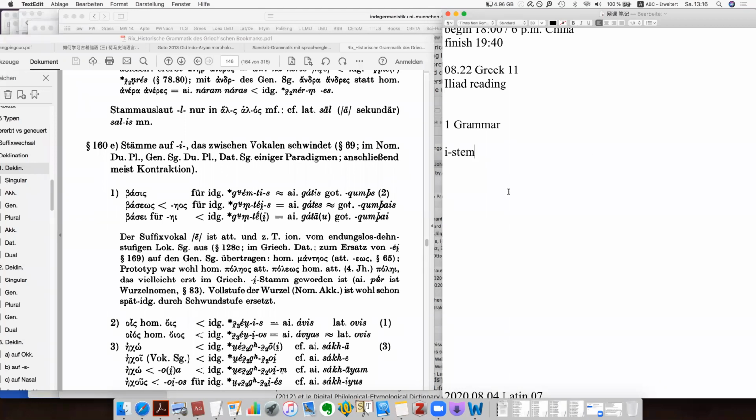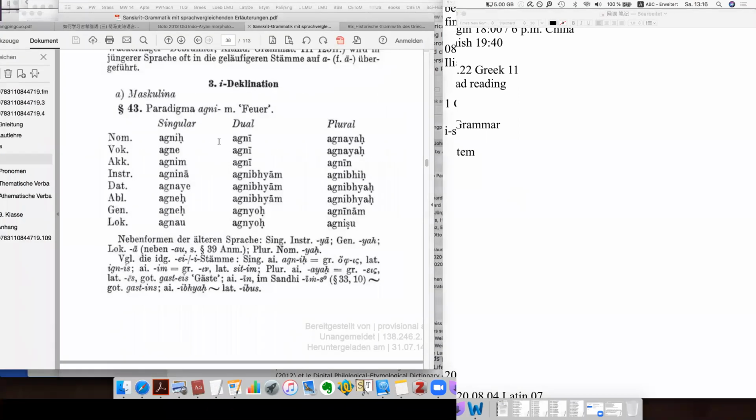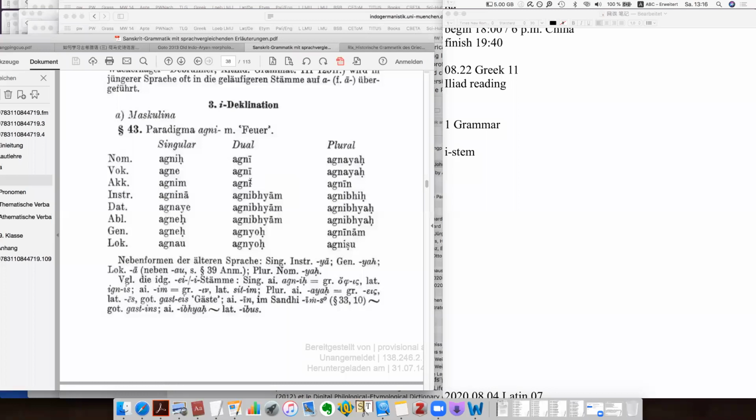Well, it's because someone left some messages and asked me some questions about the Sanskrit i-stem. So probably first we check the Sanskrit, and then we come back to Greek, and check the relationship between these two languages, two systems.